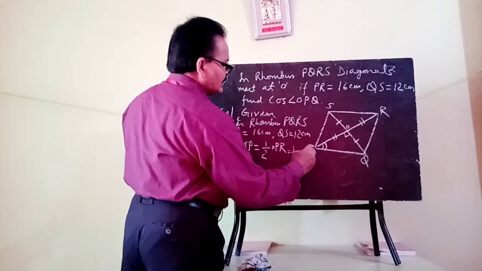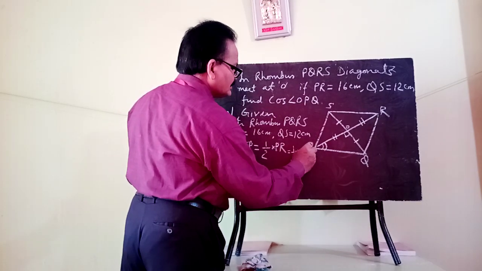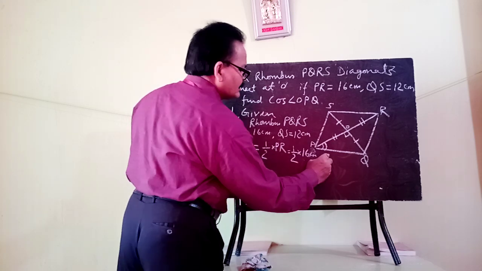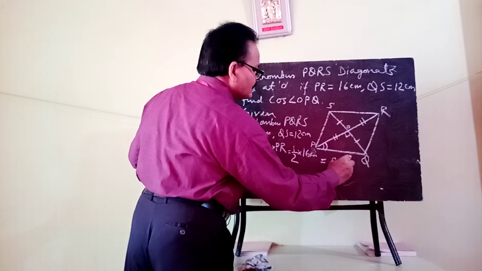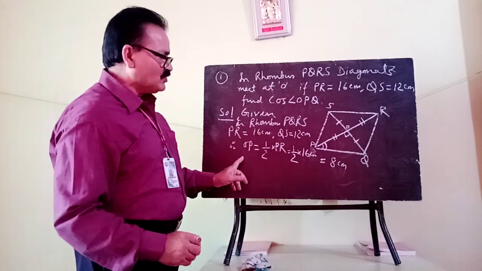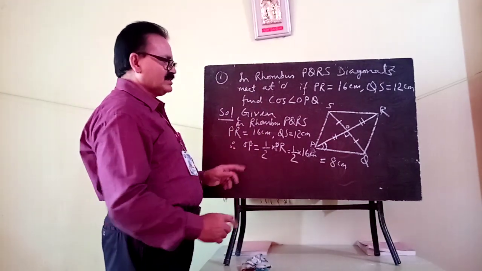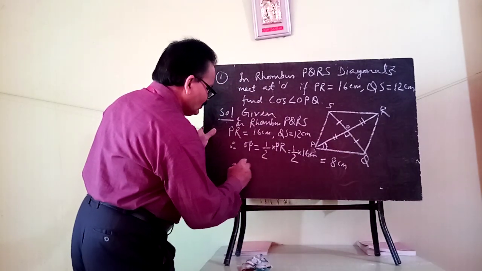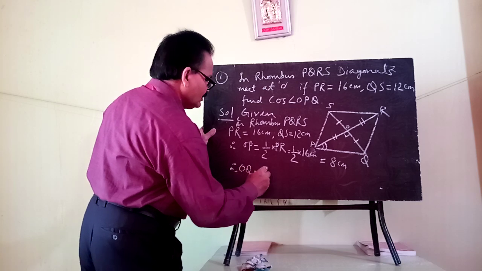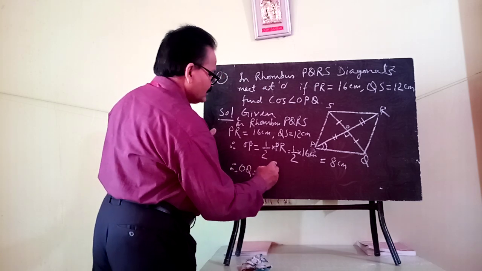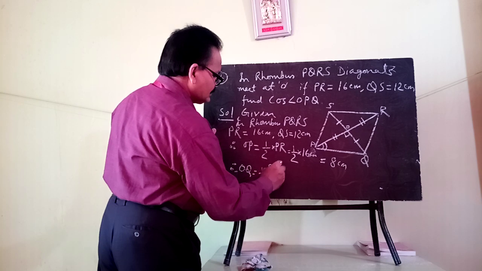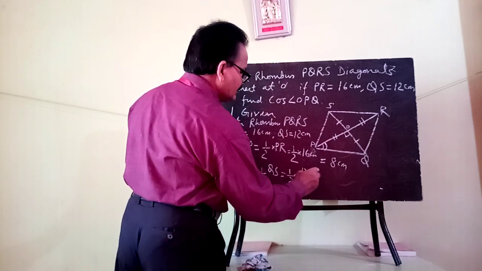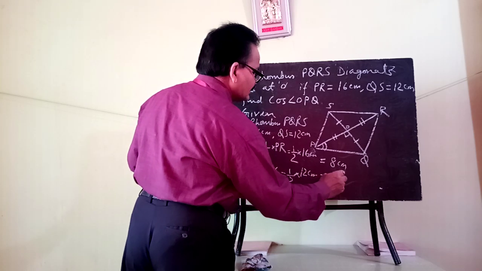PR is 16 centimeter, so half of it is 8 centimeter. So you have got the value of OP as 8 centimeter. Now find OQ. Therefore OQ is half of QS, so half into 12 centimeter is 6 centimeter.